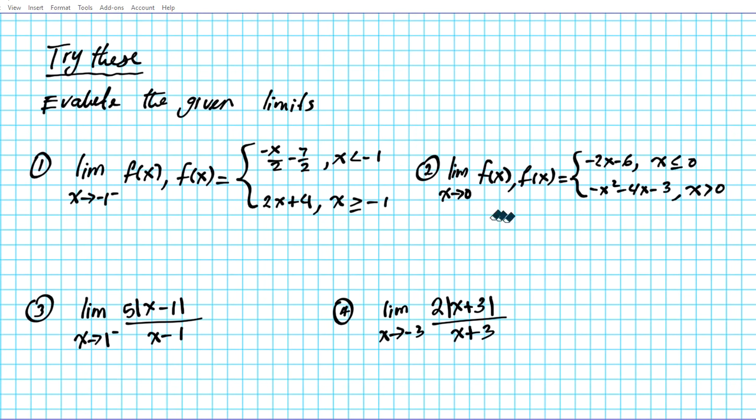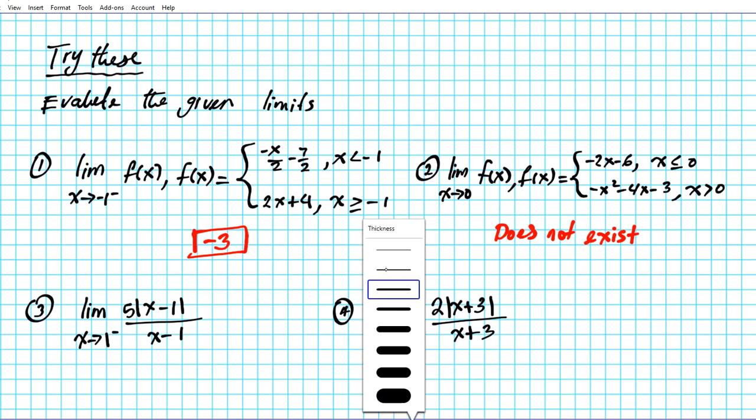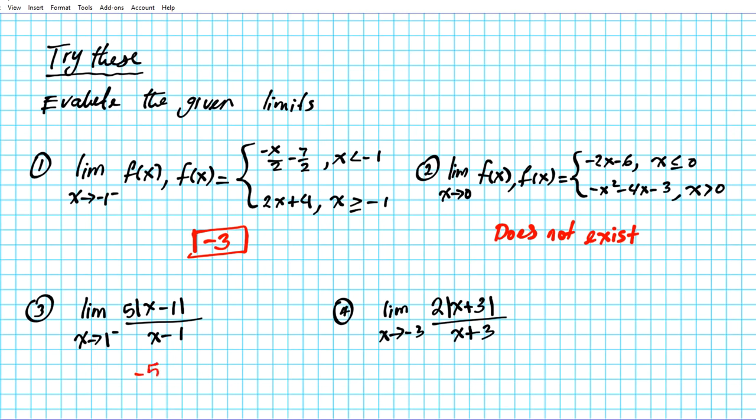So hopefully you had a chance to try out the problems. The answers are as follows. For question 1, the answer is negative 3. For question 2, the limit does not exist. For question 3, it's negative 5.